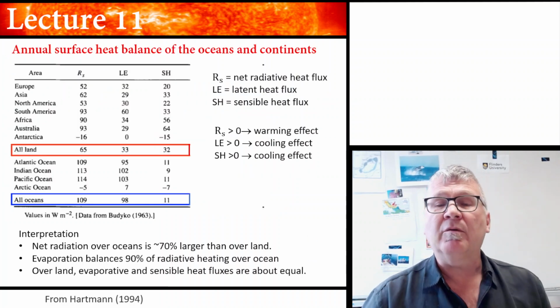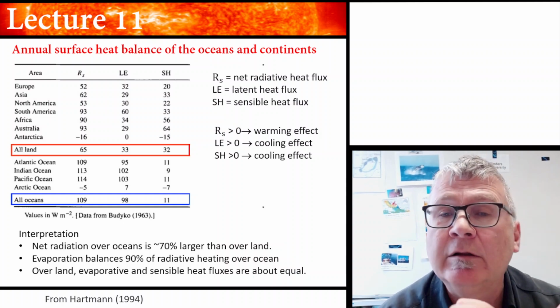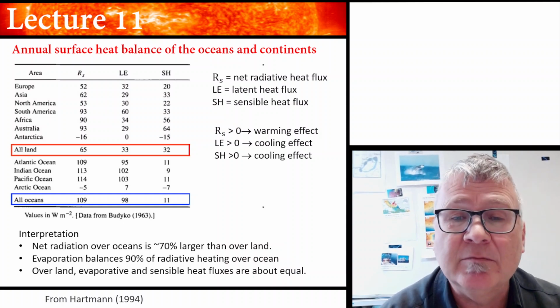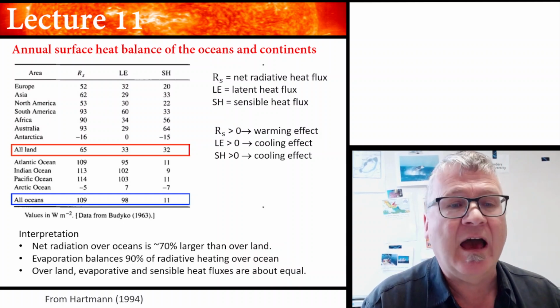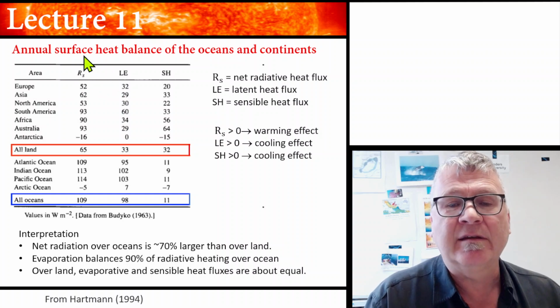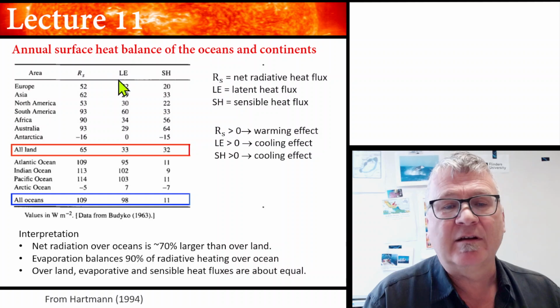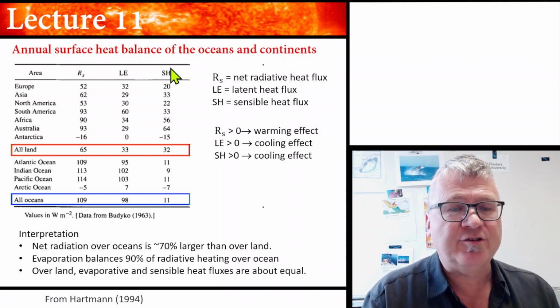Now let's have a look at this table, because it includes these symbols. This one is from the Hartmann book, and you can see the net radiative heat flux here. The latent heat flux is shown here. LE is the latent heat flux, and SH is the sensible heat flux, in this notation.